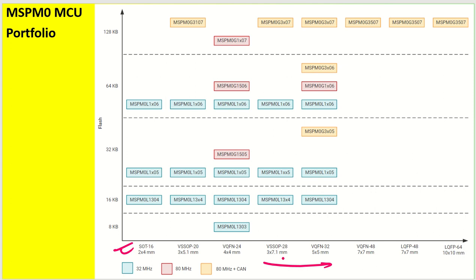If you want a pin output outside, then you can have VSSOP20, which we saw in the last workshop, and we have VSSOP28 also. Now if you have very high-end applications, or you are not restricted with your PCB manufacturing and all, then you can go ahead with the VQFN package as well. You can see we have VQFN 48 and LQFP 48 also, and LQFP 64 also.